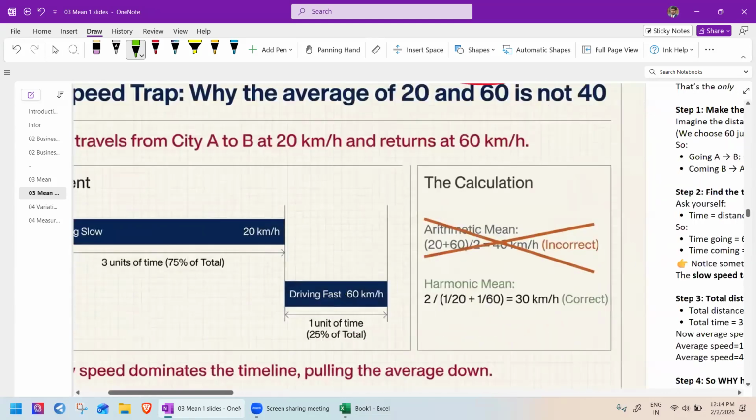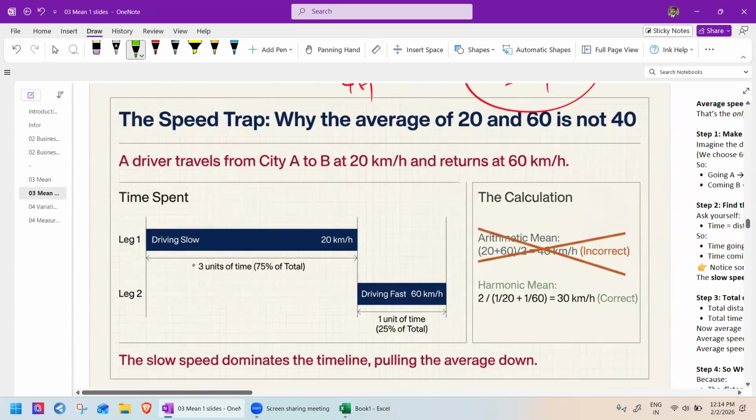You see the slide, the speed trap. Why is the average of 20 and 60 not 40? A driver travels from city A to B at 20 km per hour and returns at 60 km per hour. First is the first travel, A to B, at 20 km per hour.